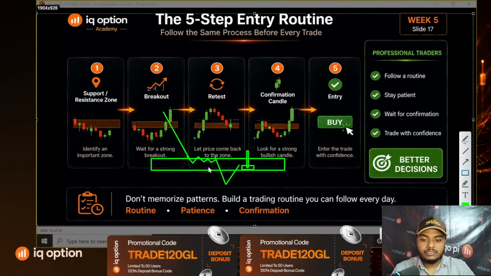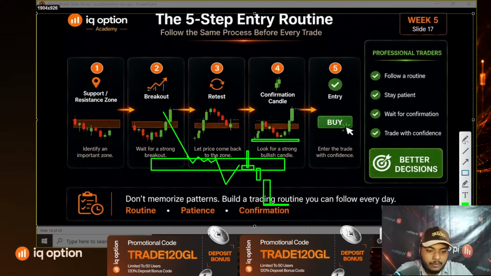So after getting this pattern confirmation, wait for candle momentum. After getting candle momentum, you can execute your trade here, placing your SL here, and your TP at 1:1 or 1:2 according to the risk and reward ratio. Okay, I hope you get it, guys.